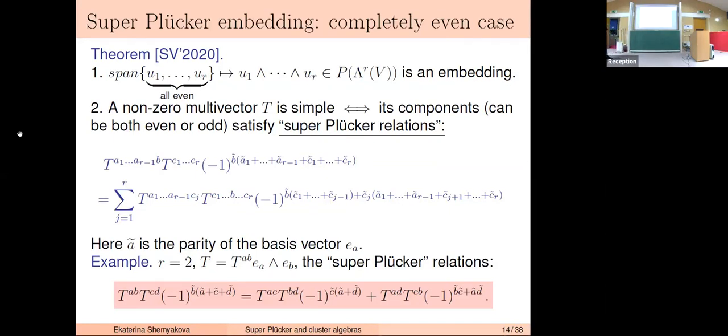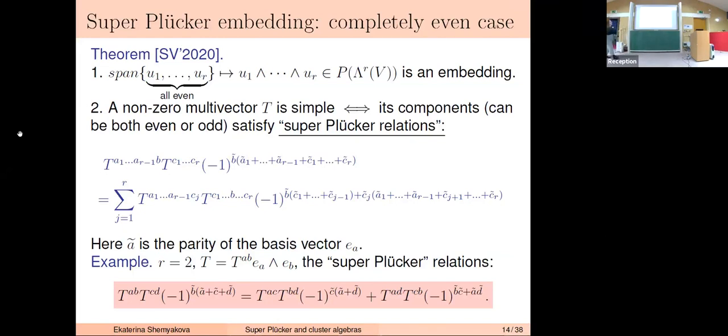You don't need to copy it, it's on arXiv, so you can just see it there. If you want something more human looking, take r equals 2, for example, 2-planes, which most of you are interested in. Here are the relations for that case.